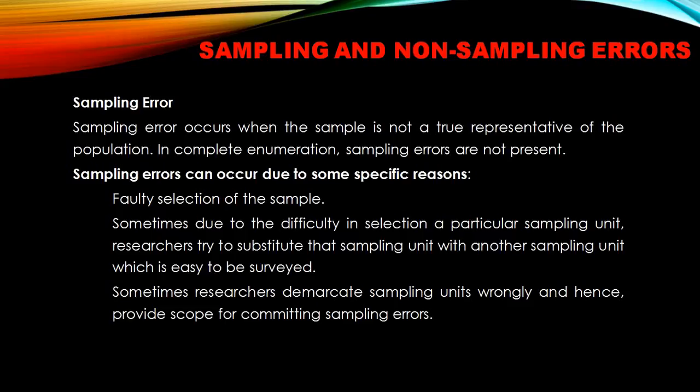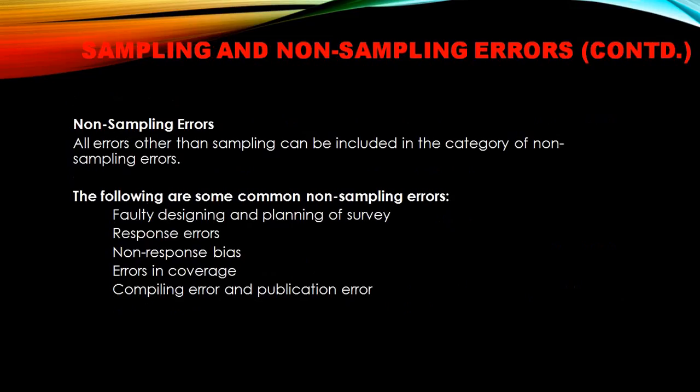But we thought against it. If we had done it, that would have given us a sampling error. And sometimes the researcher demarcates the sampling units wrongly and hence provides scope for committing sampling error. If my demarcation of the sampling units is wrong, that also can lead to serious sampling errors.